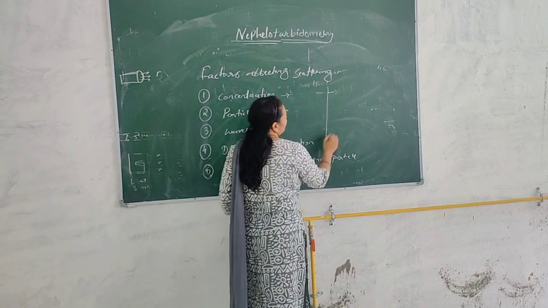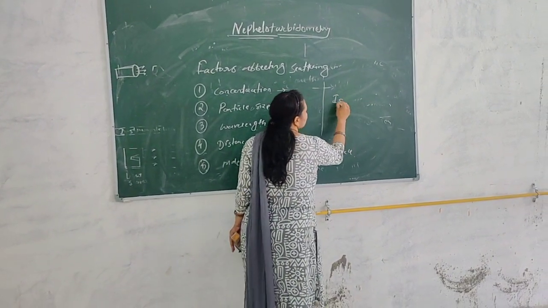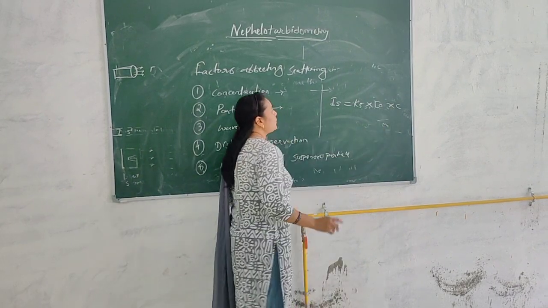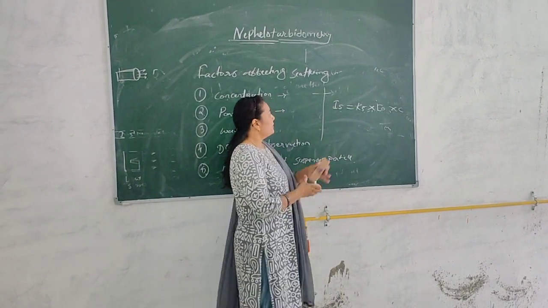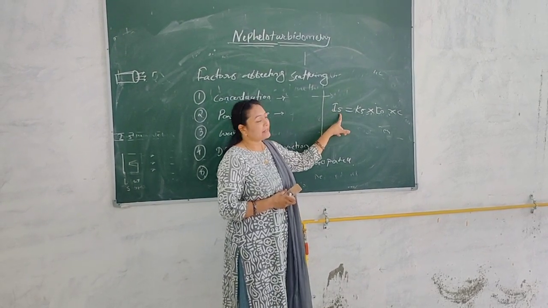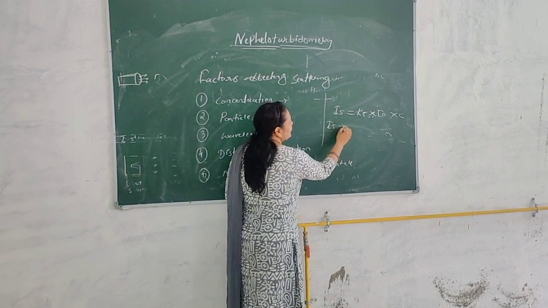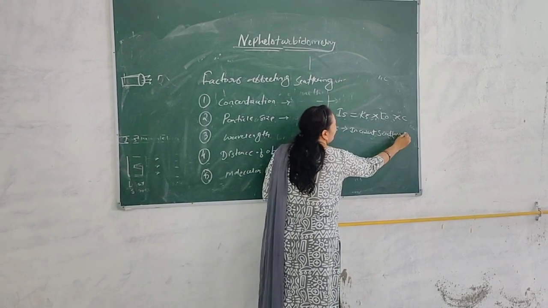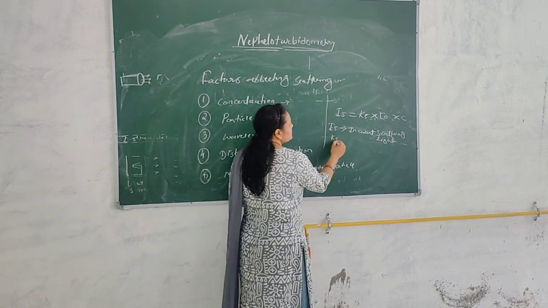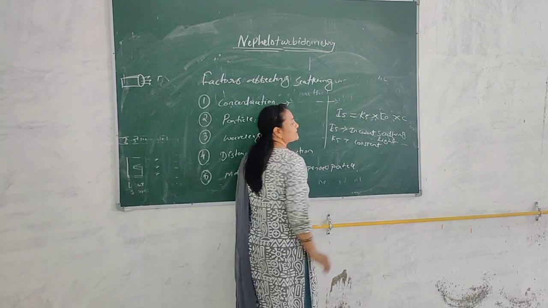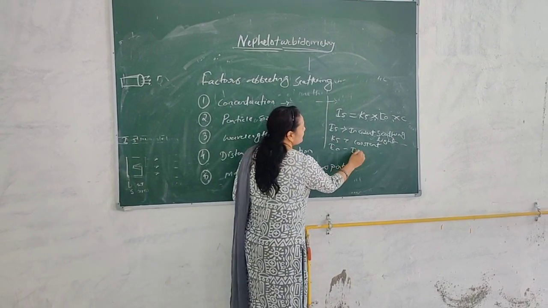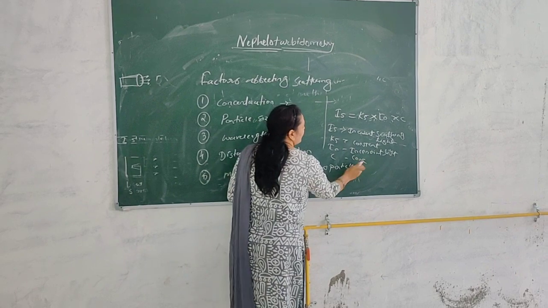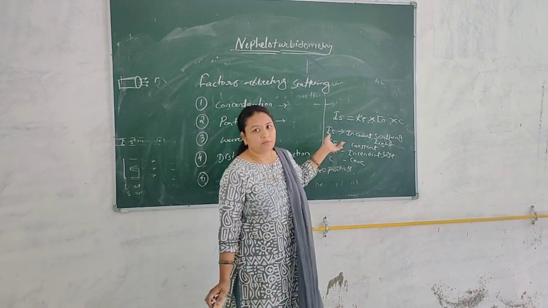But there is a formula: Is is equal to Ks into I0 into C. This is the formula to determine the concentration by nephelometry and turbidimetry, where Is is the scattered light, Ks is the constant for the suspended particle, I0 is the incident light, and C is the concentration.